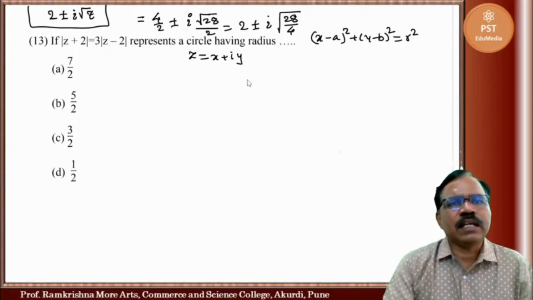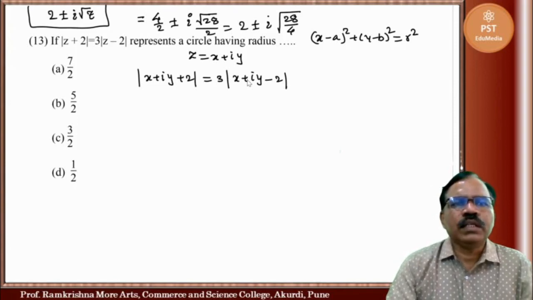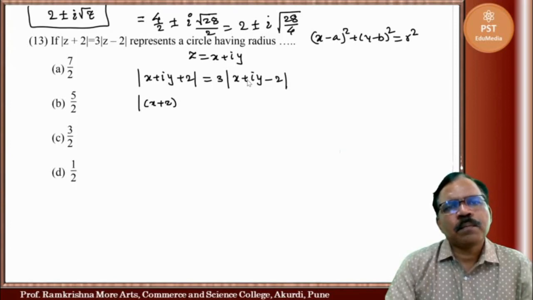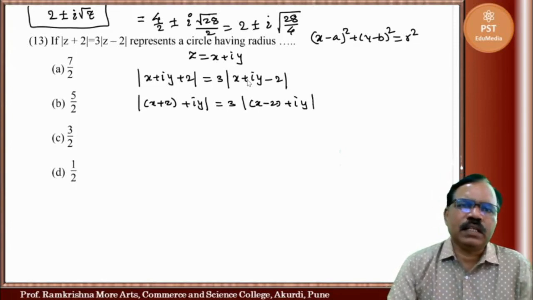So this equation I can write as modulus of x plus iy plus 2 is equal to 3 times modulus of x plus iy minus 2. So here it becomes x plus 2 plus iy, so x plus 2 is real part, is equal to 3 times x minus 2 plus iy. So x minus 2 is real part here.